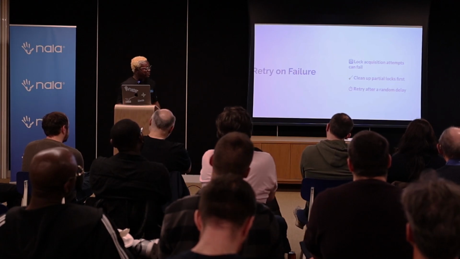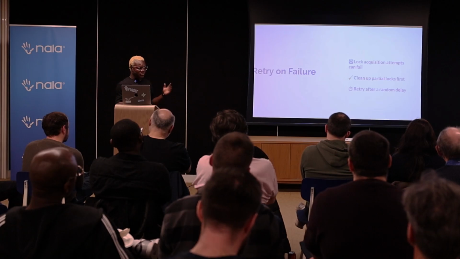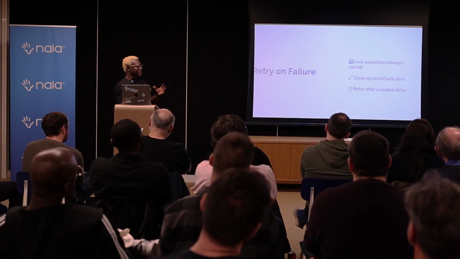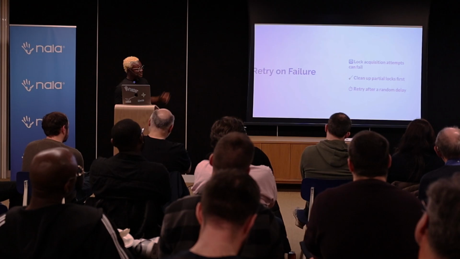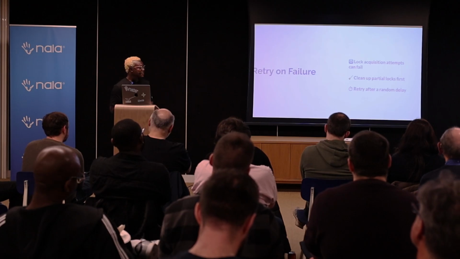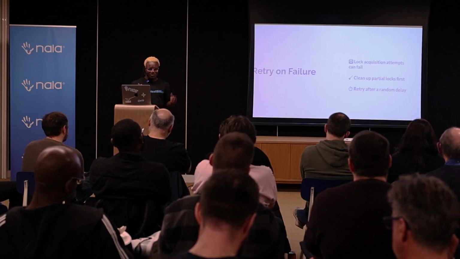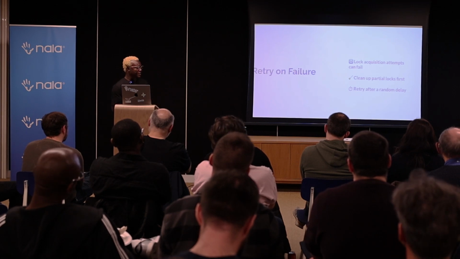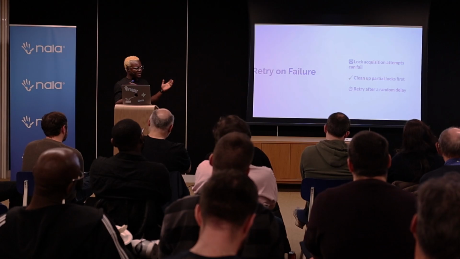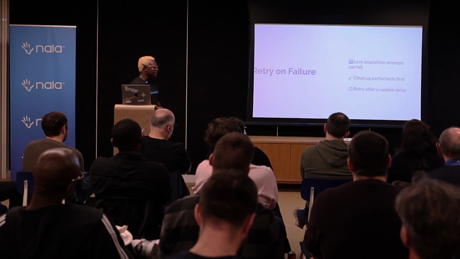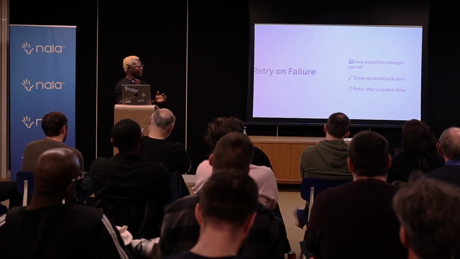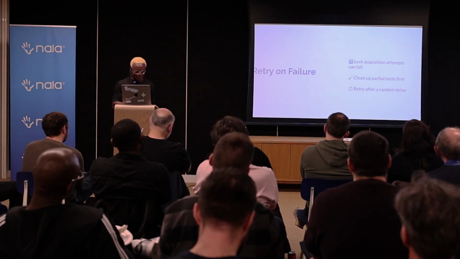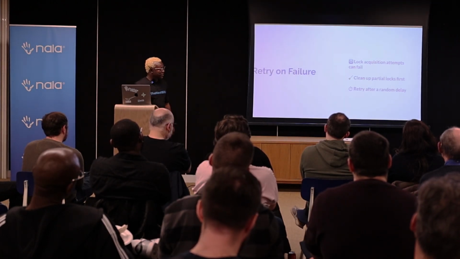The goal of the random delay is to desynchronize multiple processes competing for the same lock. Basically, in the example I had earlier, we had 2 processes trying to acquire the same lock. But what if we had 20, what if we had 50? Then we end up in a scenario where maybe each of them gets 1 and none of them wins the quorum. So the random delay basically just desynchronizes them, ensuring that we don't spam the particular lock key.